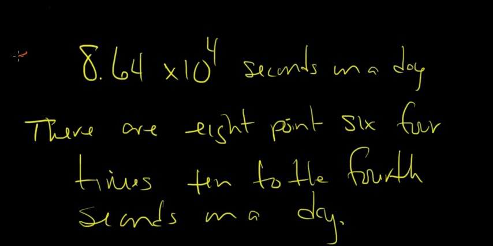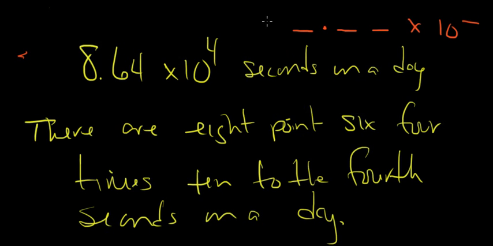Don't like that. Okay. All right, so how do we write this in scientific notation? We know scientific notation has to have a number that has a decimal that's greater than 1 and less than 10, and it's going to be multiplied times 10 to some power. So how do we fill that in?